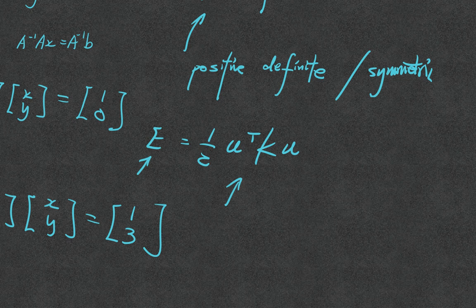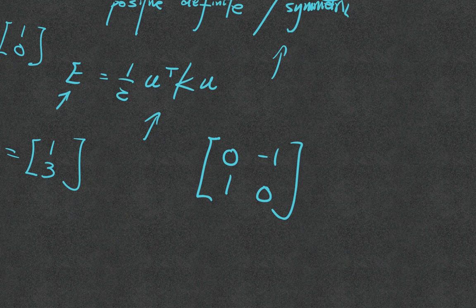And another issue is that if this is not symmetric, you have a skew symmetric part. What happens when you compute the quadratic form of the skew symmetric part? Let me put the example: 0, 0, minus 1, 1. Okay, this is skew symmetric. If you put a vector here, and a vector here, what happens?